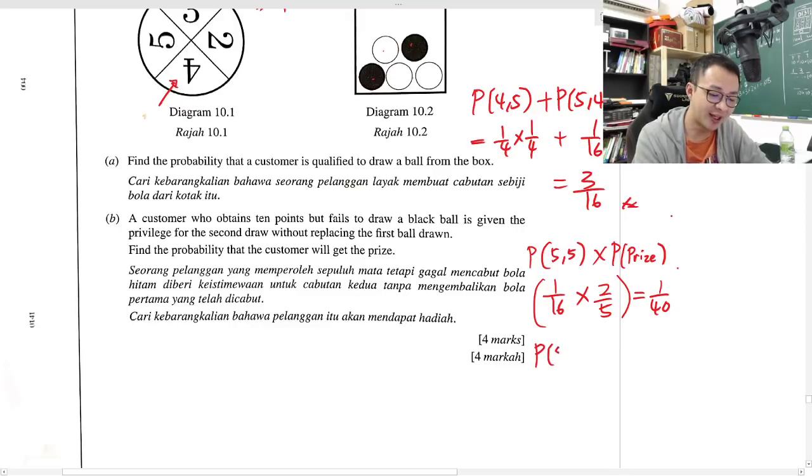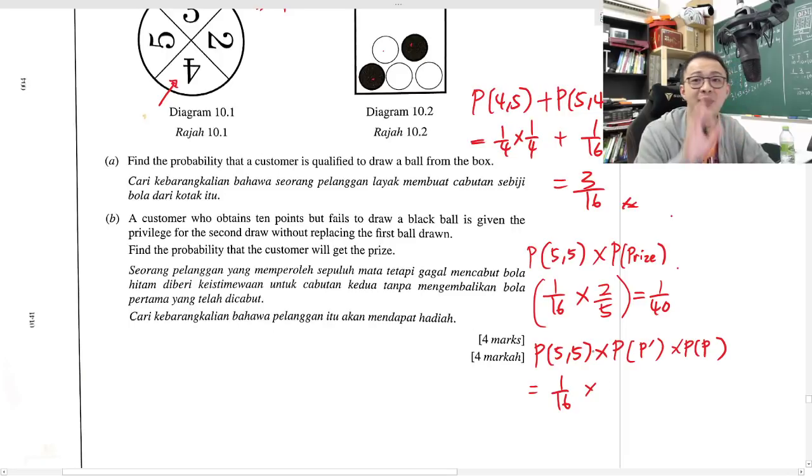Now if I get 5-5 but on the first draw I do not get the prize, and on the second draw I get the prize. So 5-5 is 1/16. The first time is P prime, meaning no prize. If I don't get the prize, I must draw a white ball, because if I get a black ball I get the prize. So white is 3 out of 5. The second time I get the prize, that means I must get black.